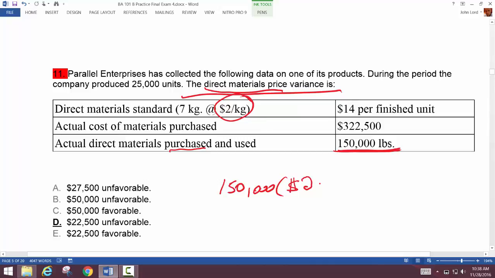Okay, good. And that's my standard. What's my actual? 322,500 divided by the 150 gives me 2.15.